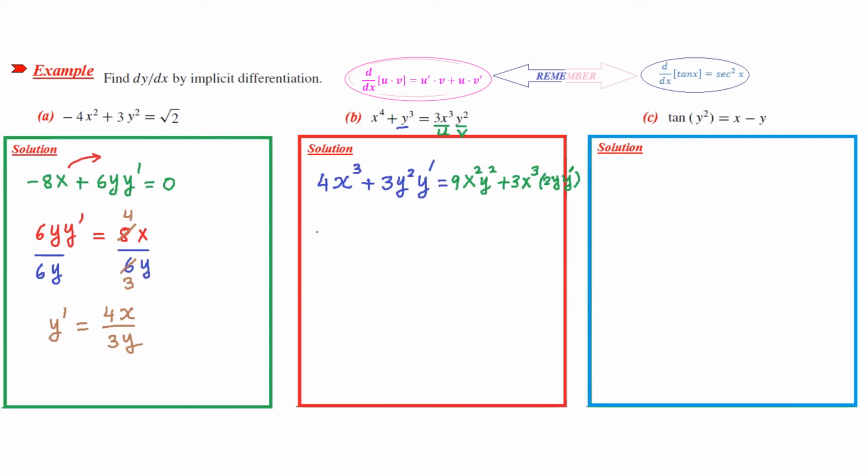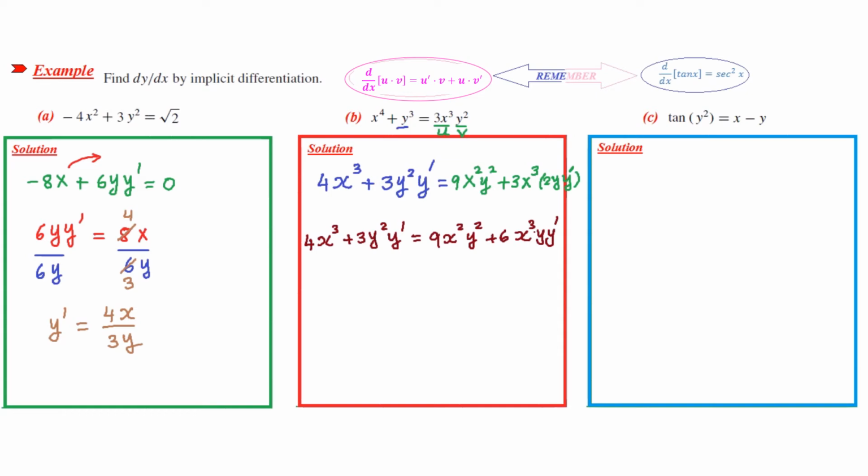By simplifying more, we have 4x cubed plus 3y squared y prime equals 9x squared y squared plus 3 times 2 equal to 6, and we have x cubed y prime.